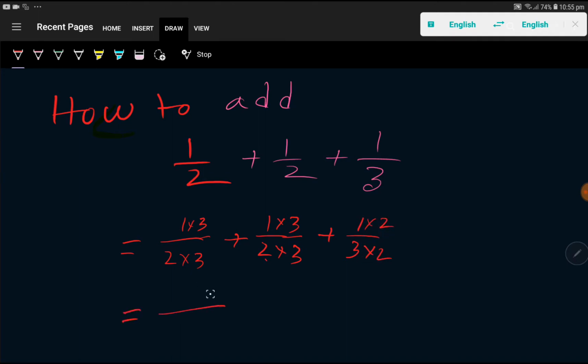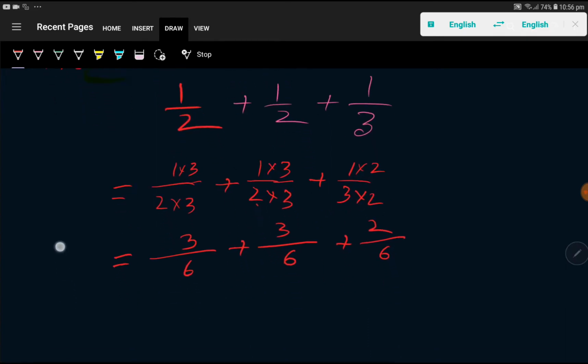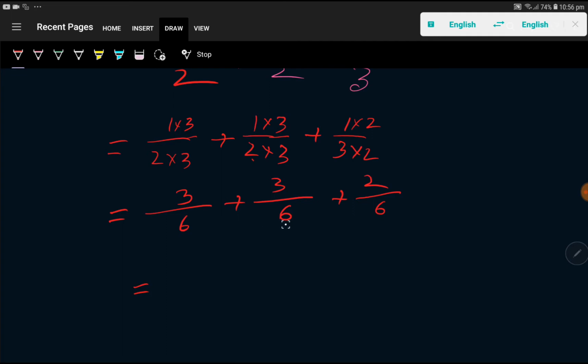Now look, 2 times 3 is 6. 2 times 3 is 6. 3 times 2 is 6. And here we have 3, here we have 3, and here we have 2. So we know that if you get the same denominators, then the addition of these fractions will be another fraction, and that denominator will be 6, the same denominator, right?